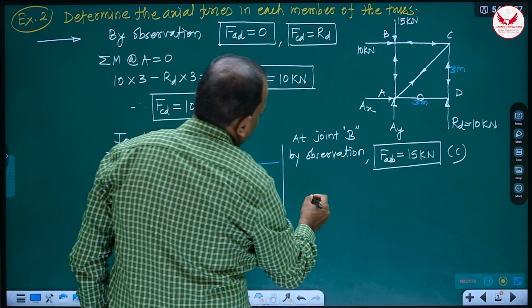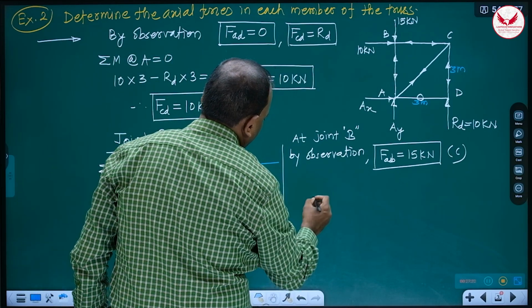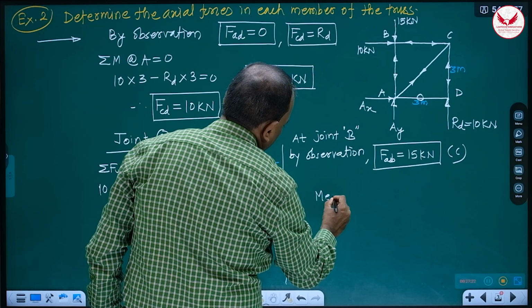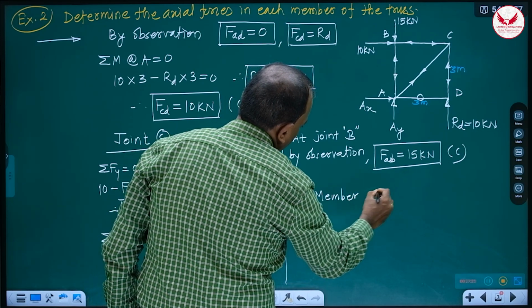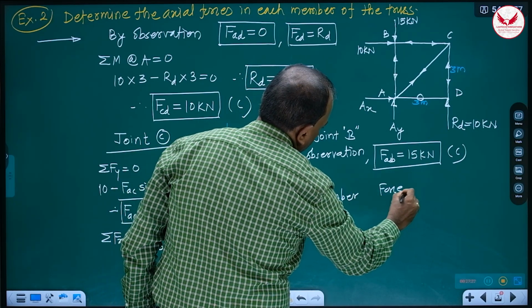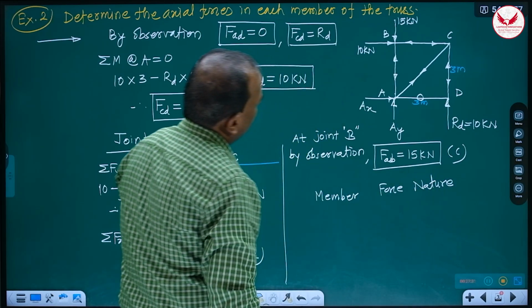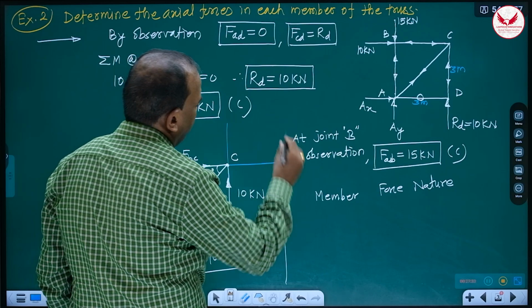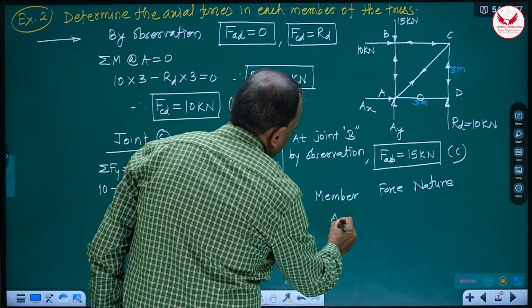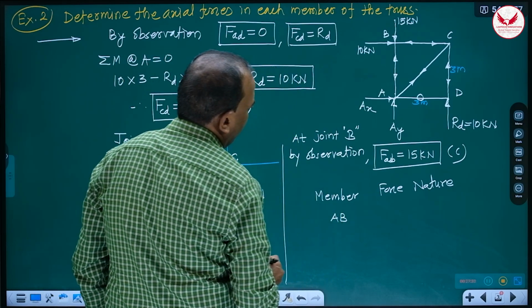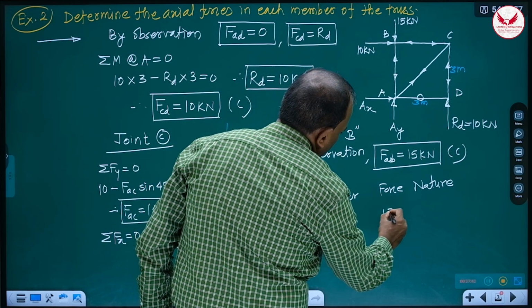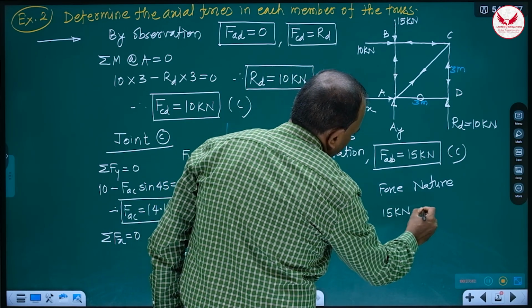Again, we can write or we can prepare the table like this: member, force, and nature. Member is what? AB. For example, AB member. And in AB member, what is the force? 15 kilonewton. And how is it?